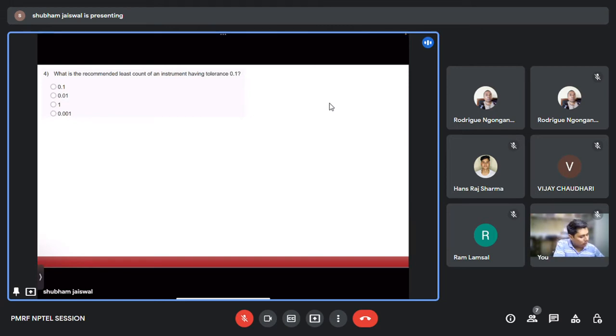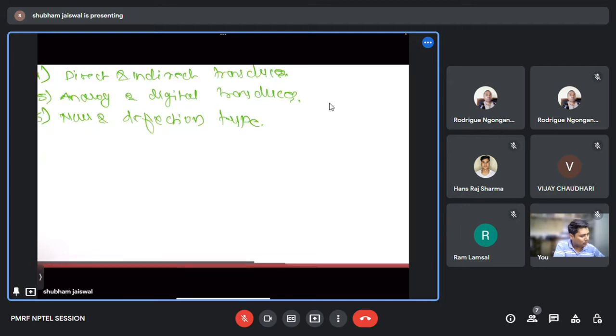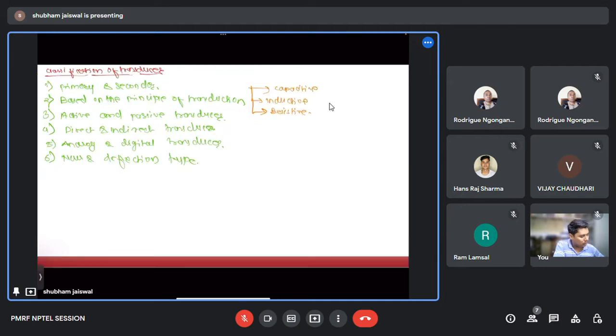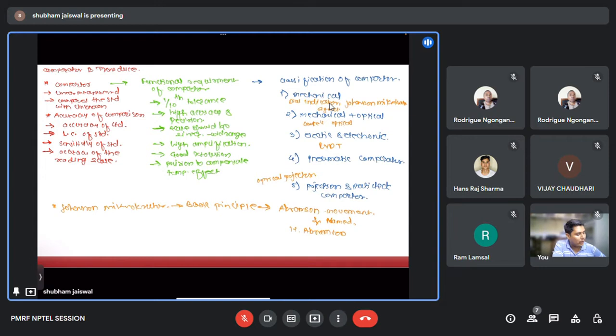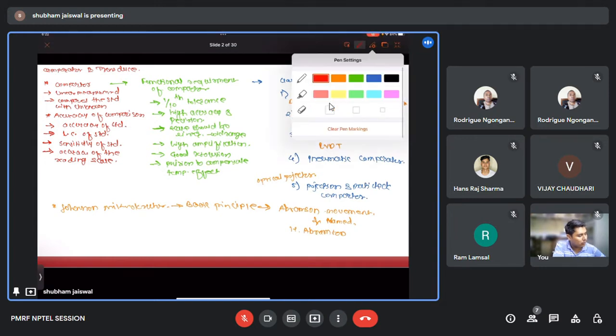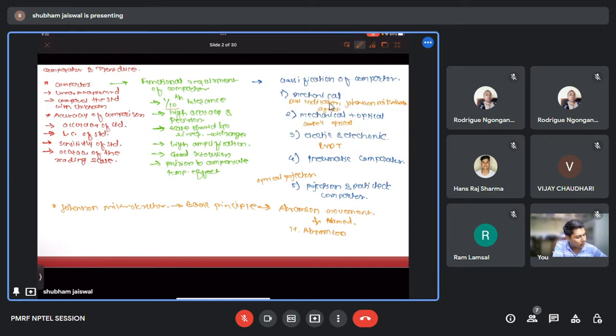Okay, so as you can see in our previous slide, here I have shown you that functional requirement, that is, the least count should be 1/10 of the tolerance.